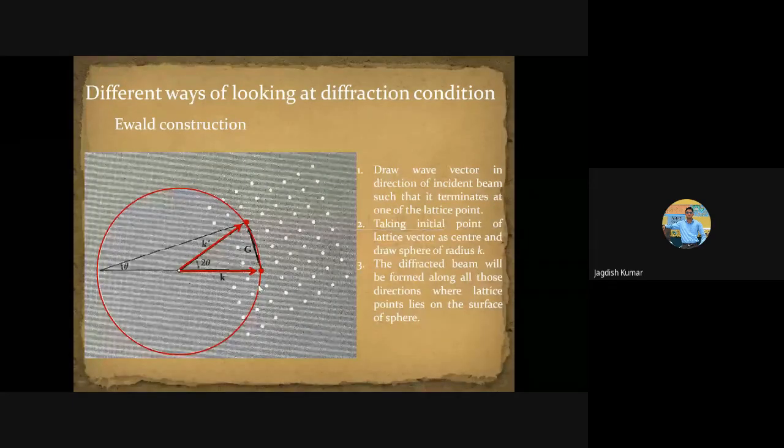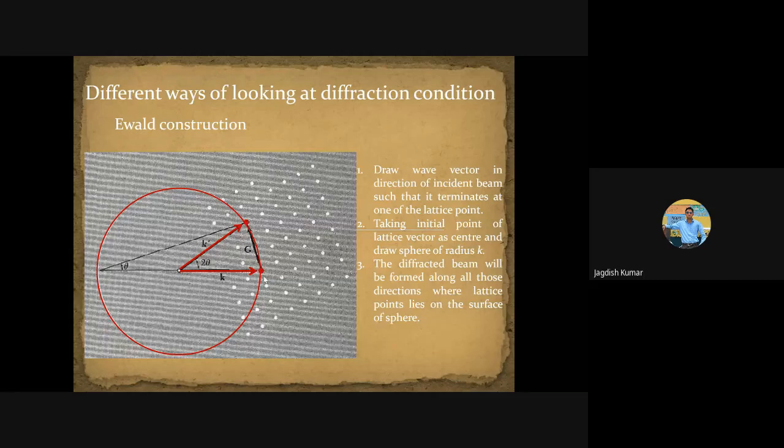Why so? Let us not call this the radius of the sphere, but let us say this is our k dash vector, the vector of the scattered X-ray beam. If this is k and this is k dash, then applying the triangular law of vector addition, this will be delta k.